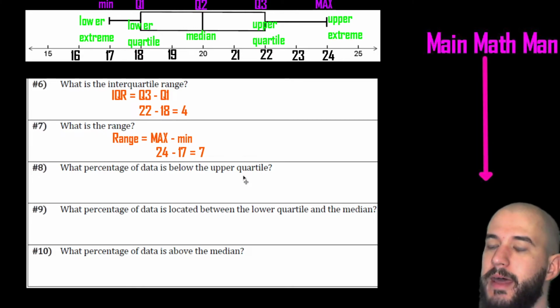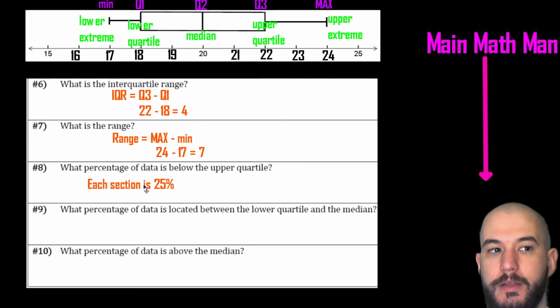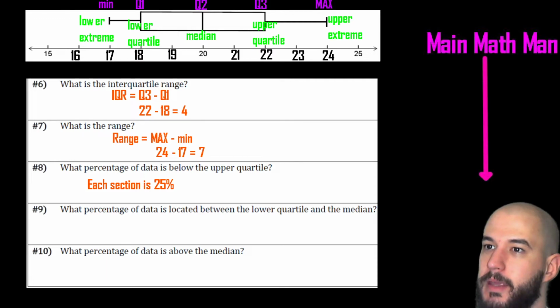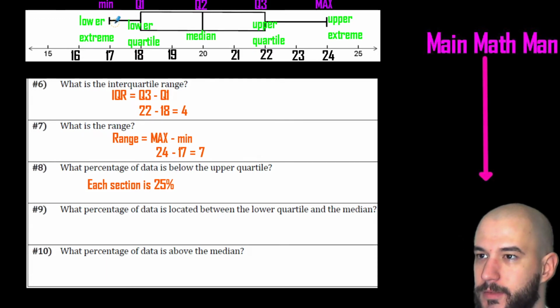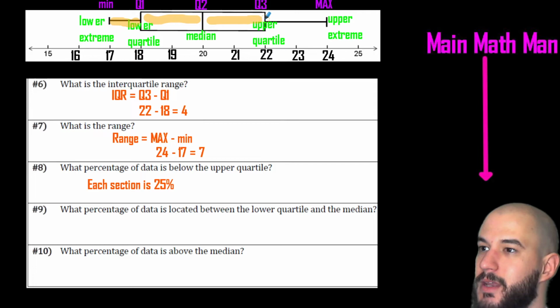It says what percentage of data is below, meaning it's left of the upper quartile. And so do remember though, each section is 25%. And what does that mean? I'm just saying that between each of these critical numbers, this is 25%, this is 25%, this is 25%, and you guessed it, that's 25%.